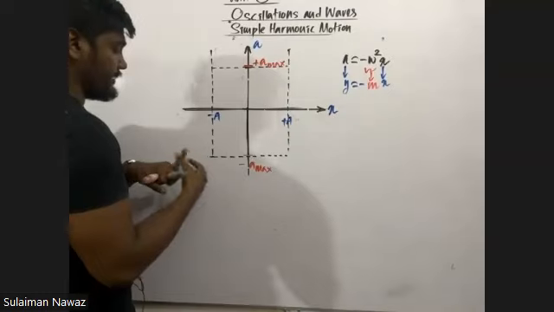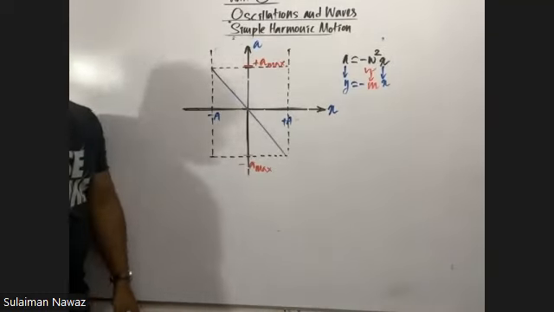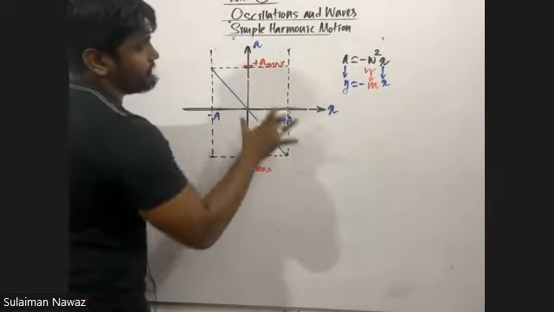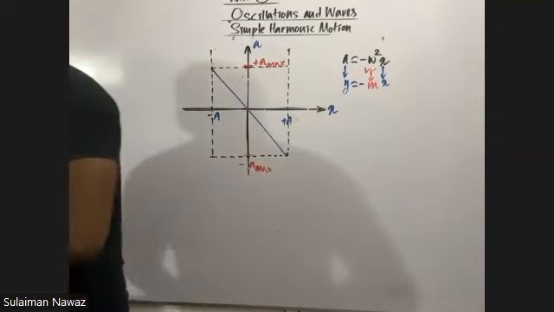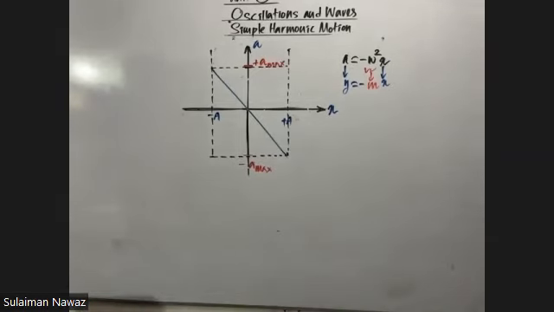If you draw the graph, how would the graph be? The graph would be like this. Am I correct? Draw it quickly. Raise your hand if somebody has finished drawing. Quickly, quickly.